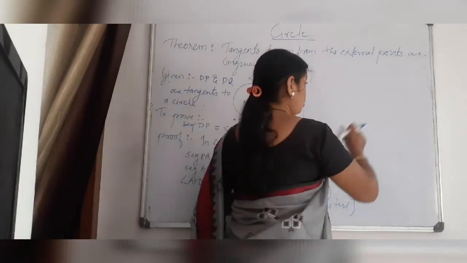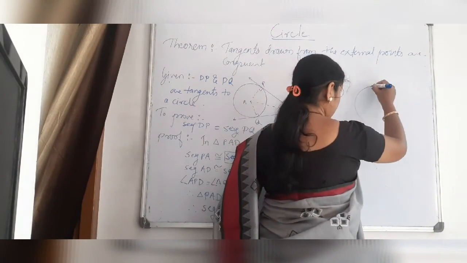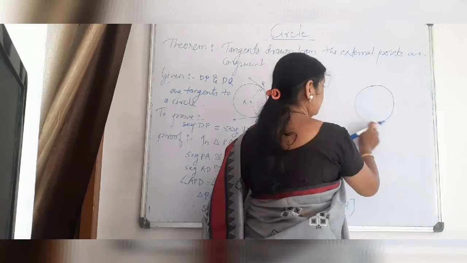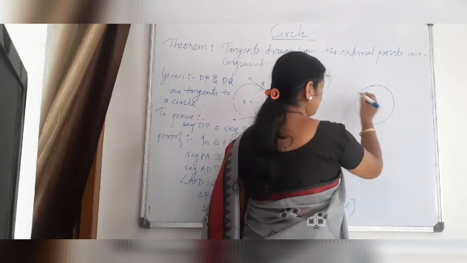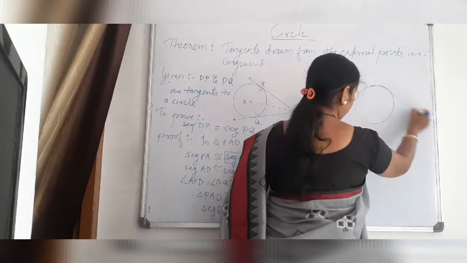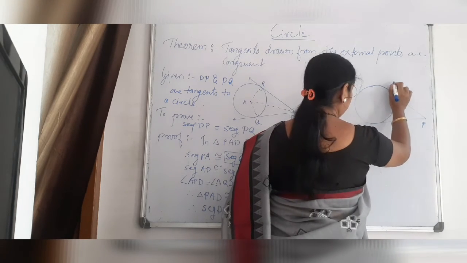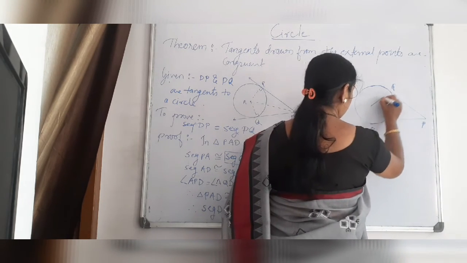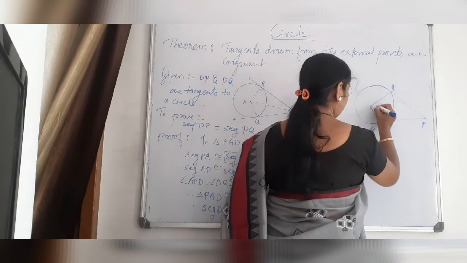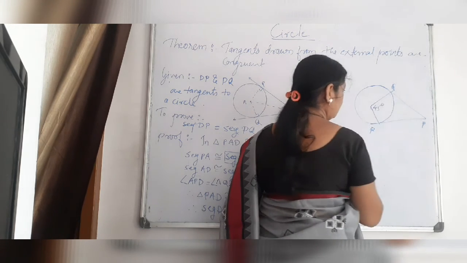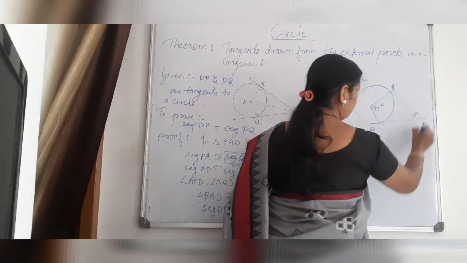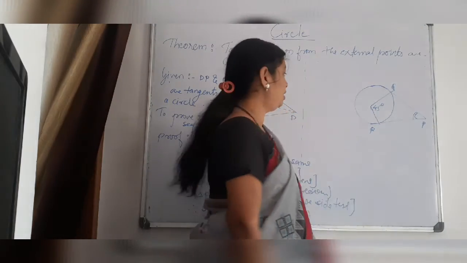Now some problems depend on this theorem. Which type of problems? If two tangents are given, PA and PB, and one of the angles is given, say this angle is 45, you have to find this angle. It is a question of 3 marks.